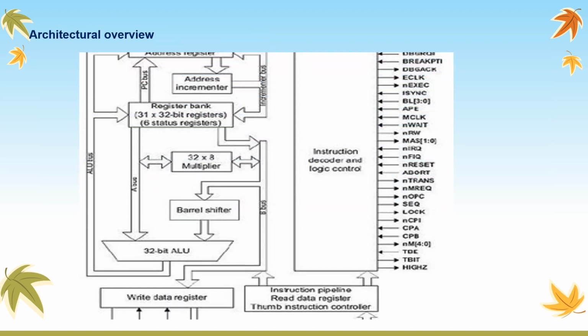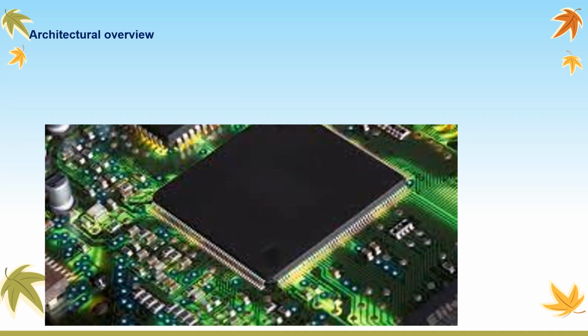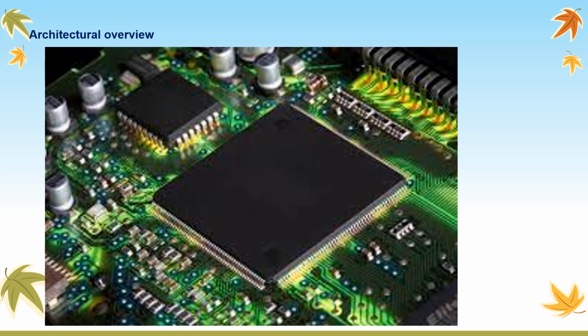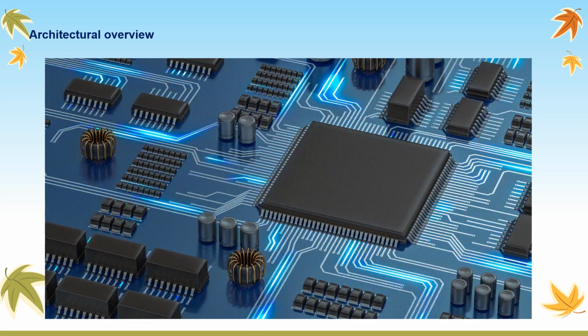The figure shows the general ARM architecture, and it has an arithmetic logic unit, booth multiplier, barrel shifter, control unit and register file. The LPC2148 microcontroller belongs to the ARM7, Advanced RISC Machine family, which means that ARM is basically an architecture used in microcontrollers and processors.